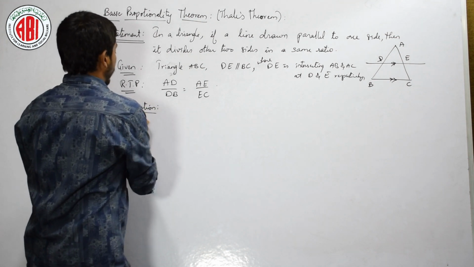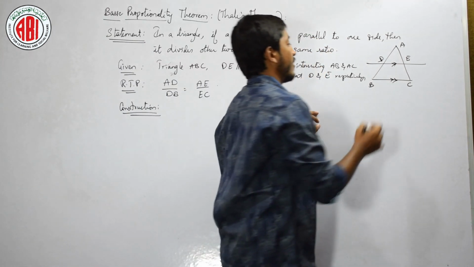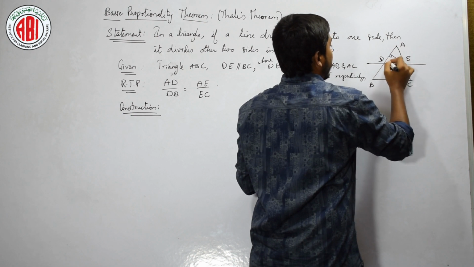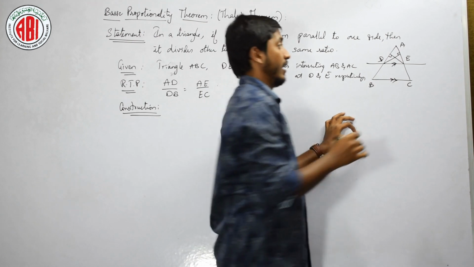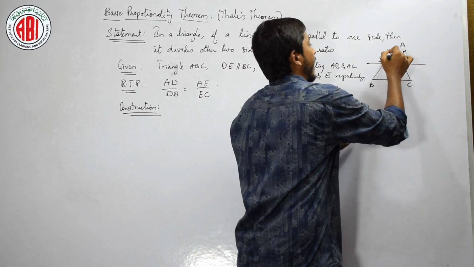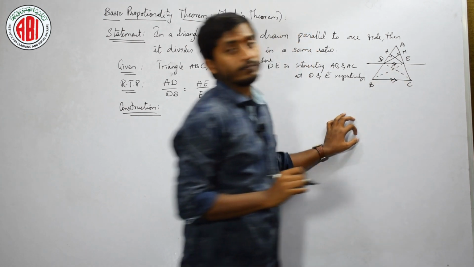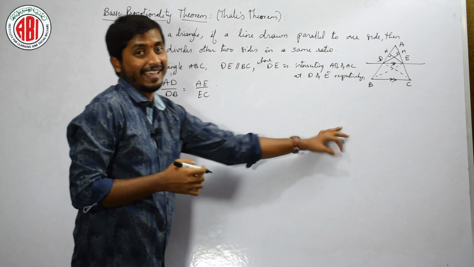Construction: construct two things, that is, construct a perpendicular from here, and again from here. Let us name them M and N and join these. You can remember such things very nicely, right?